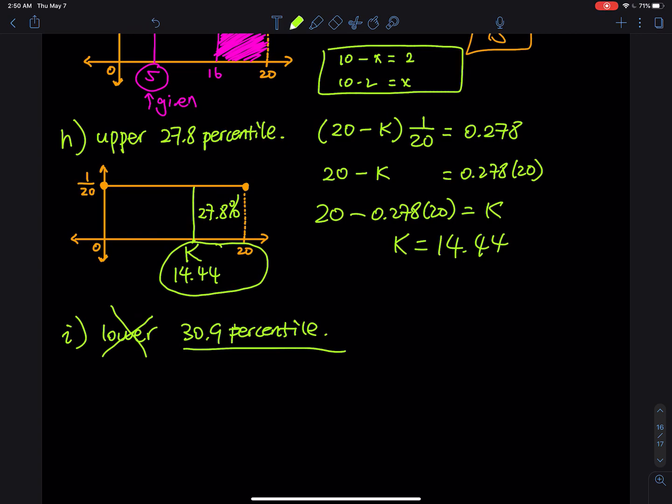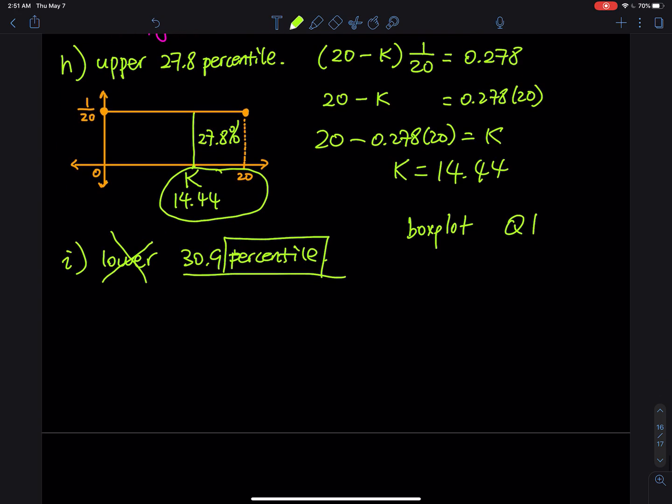By the time you get into a uniform distribution, you must have learned what box plot is. Still remember Q1, the first quartile, right? So that is the first 25% of the data. So percentile means the first 30.9 if you just interpret this word alone. Without the word upper, if I just give you one word, percentile, that means left side.